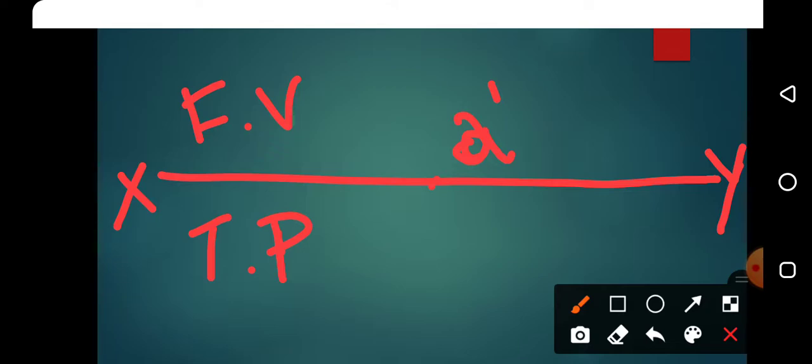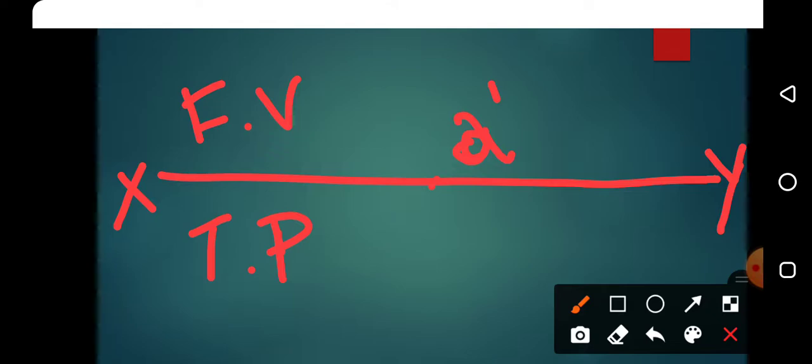Behind the VP is nothing but a second quadrant problem. In a second quadrant problem, your top view also will project above the XY line, okay?